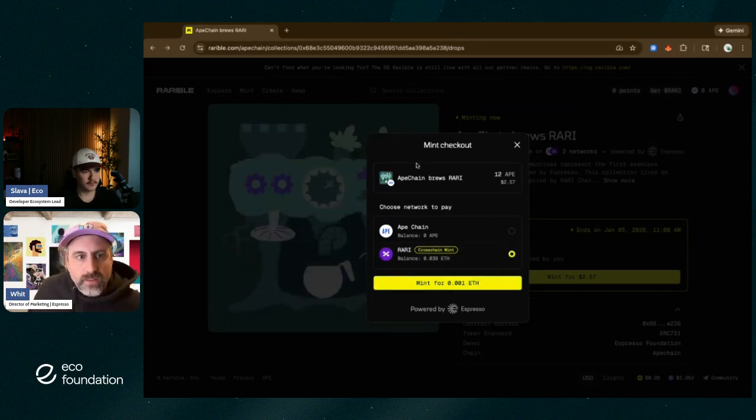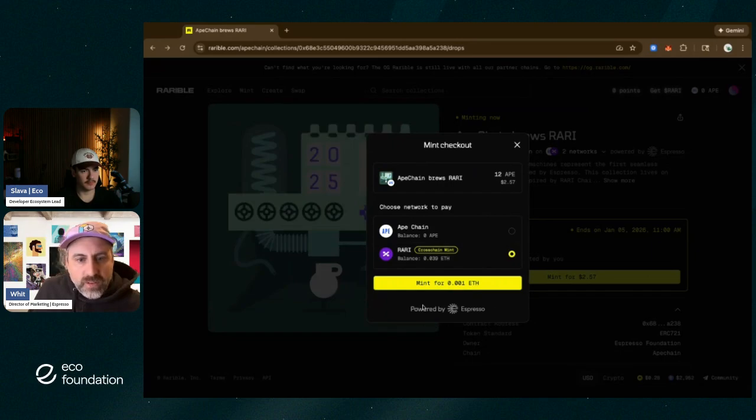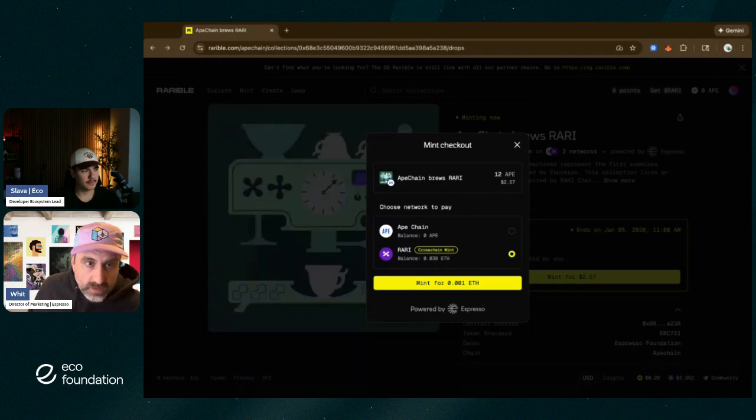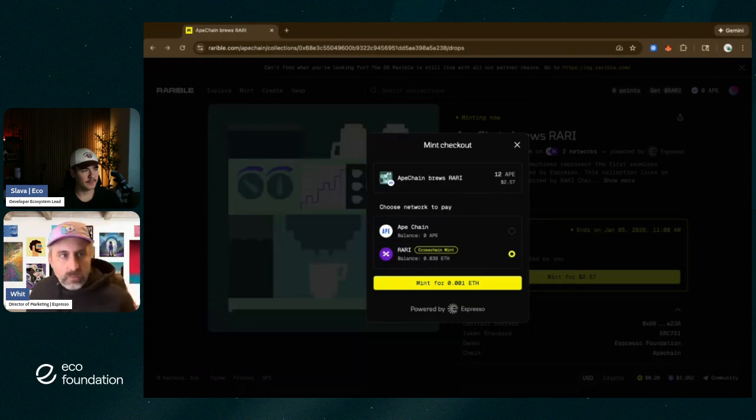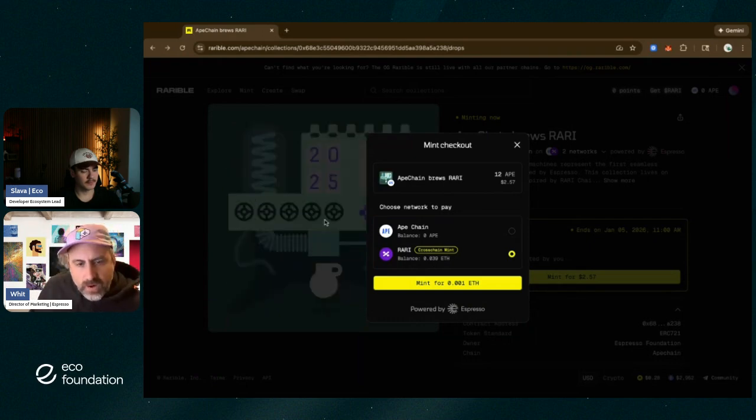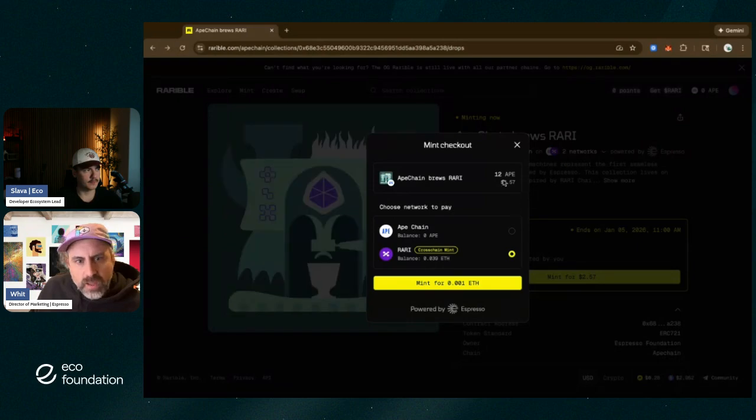And you can see at the bottom here, it's powered by Espresso. Rarible integrated our solution for this kind of one-click, cross-chain payment into their platform to enable this.